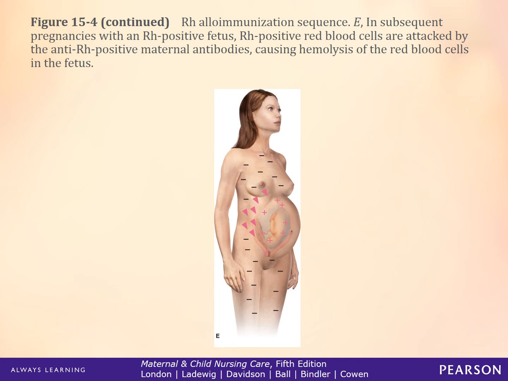So in the alloimmunization sequence in a subsequent pregnancy with an Rh positive fetus, those red blood cells are attacked by the maternal antibodies, and that causes hemolysis of the red blood cells of the fetus.